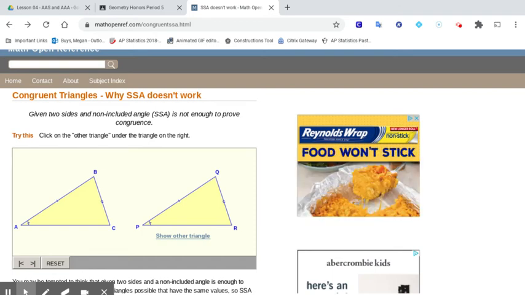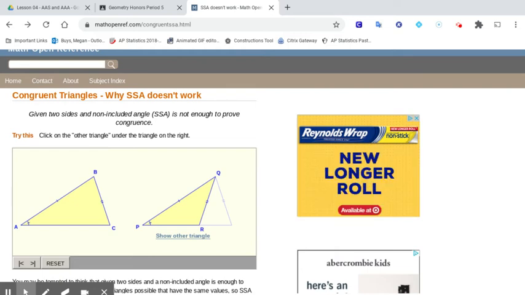So I know I have angle-side-side. The way the picture looks right now, this would work. Those triangles would be congruent. However, when I show the other triangle here, I still have angle-side-side, but these triangles are not congruent. So all it takes is one example to show that they wouldn't be congruent every time. We can't use it as our reasoning.